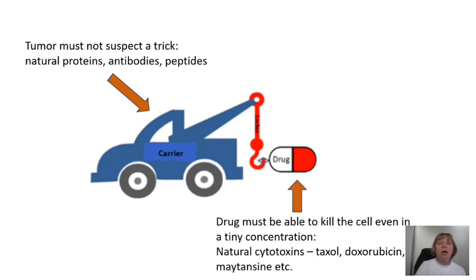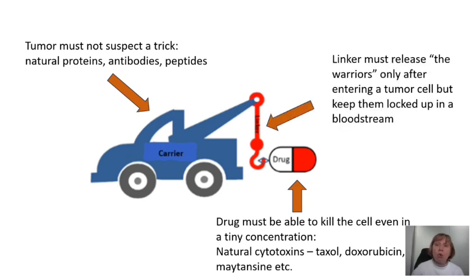Second, our warrior, the drug, must be very active and very potent and should be able to kill the cell even in very low concentration. And the third and very important thing, our linker should be stable during circulation and release the drug only inside the tumor cell.